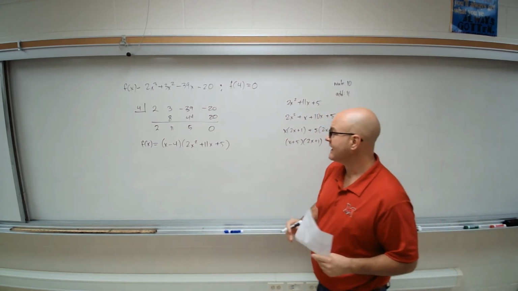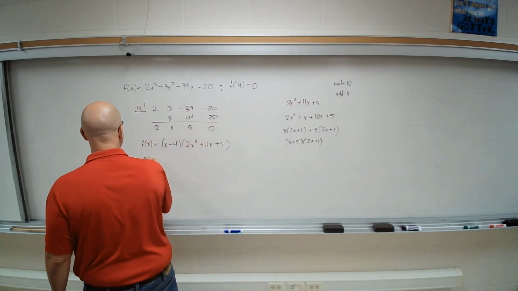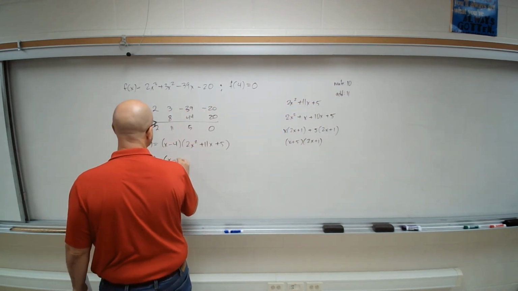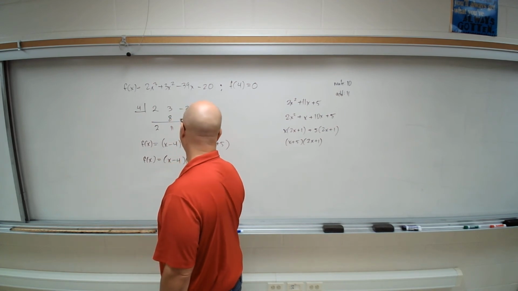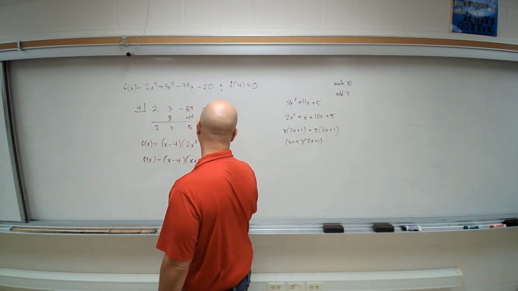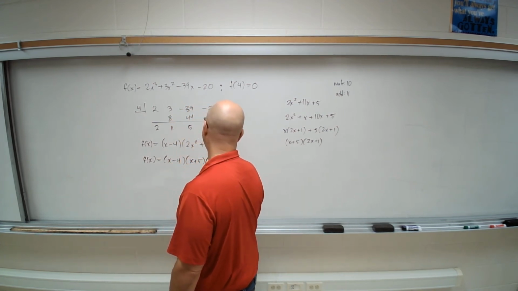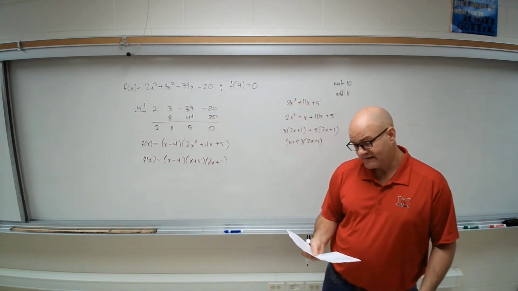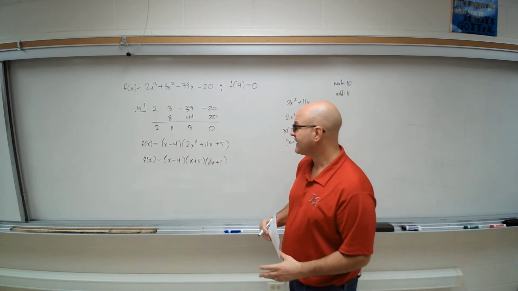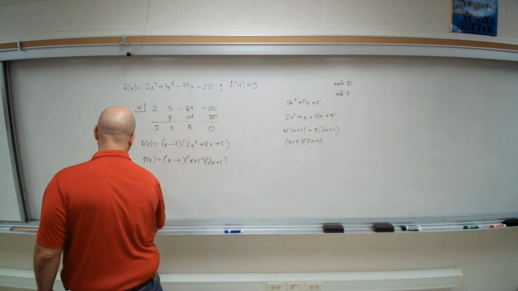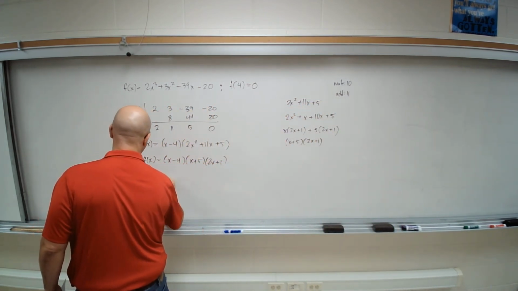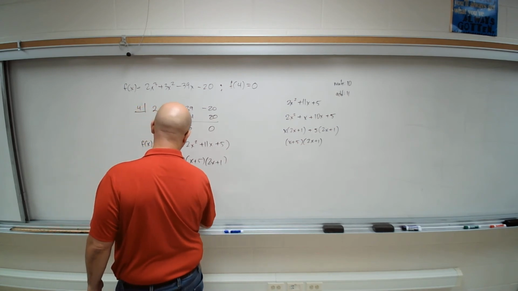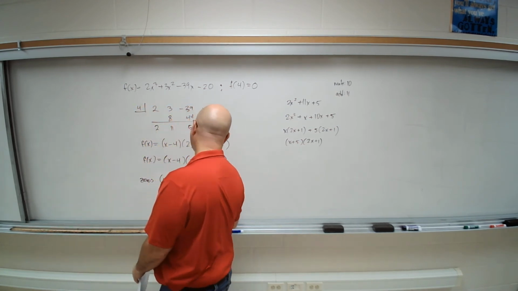So that gives us that our completely factored form is x minus 4, x plus 5, 2x plus 1. Now, it asks us for the zeros, right? So for the zeros, we get 4, 0, negative 5, 0.